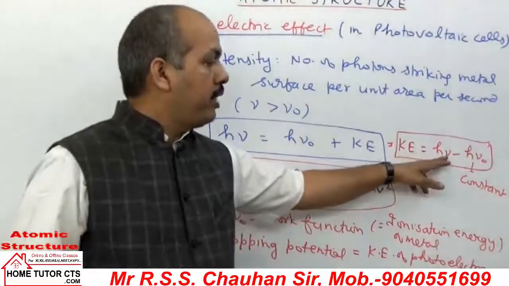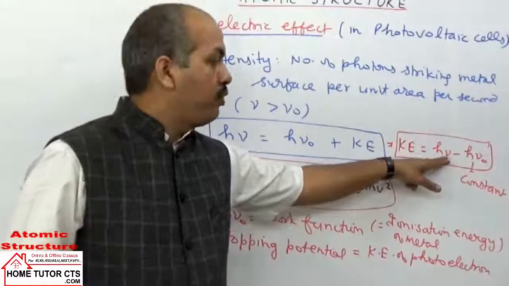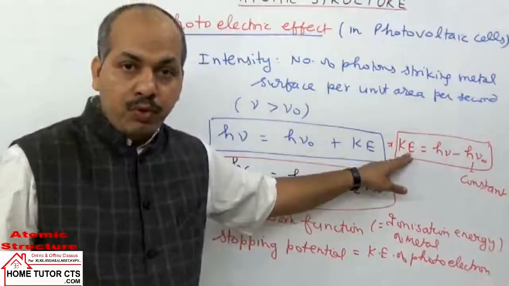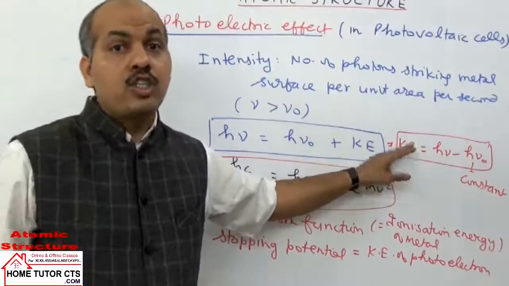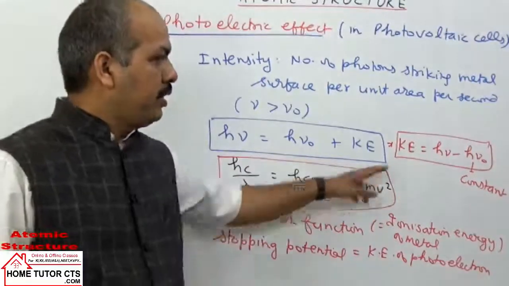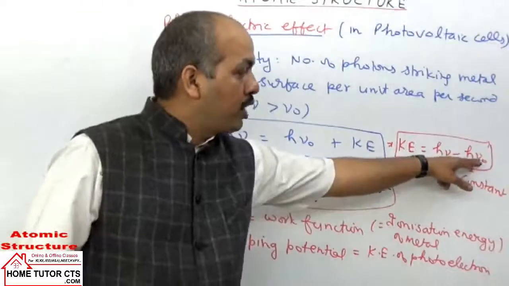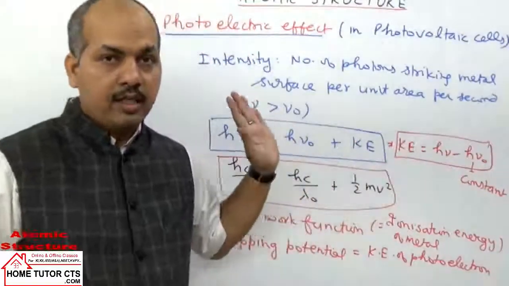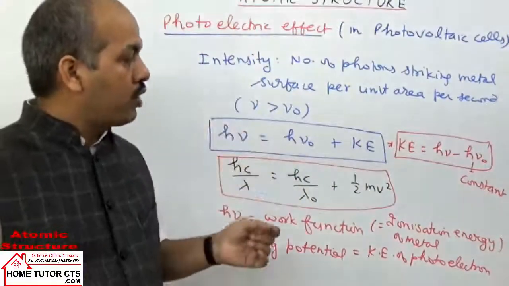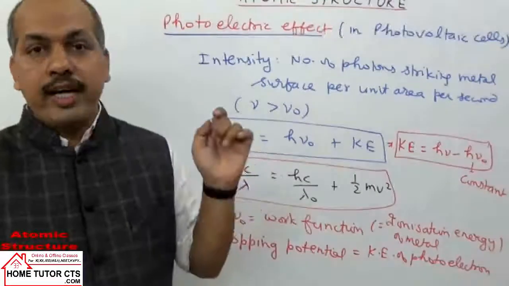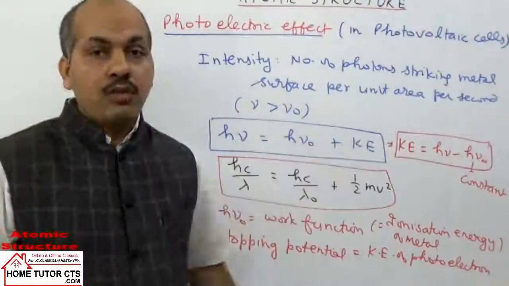What is variable here? Frequency. So when frequency increases, the photoelectron kinetic energy also increases. So we told this point that kinetic energy is directly proportional to frequency of photon.